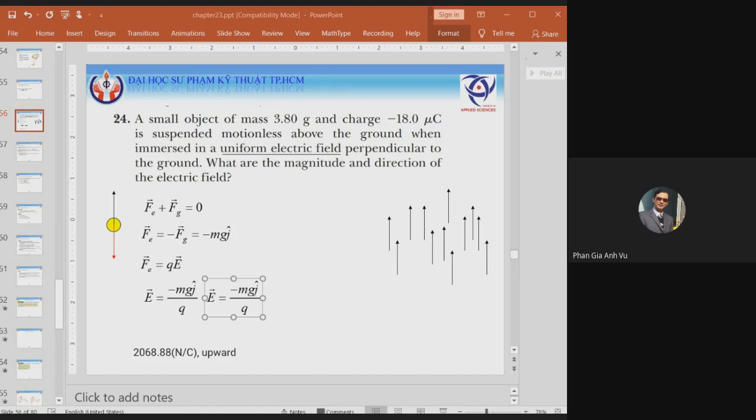Q here is minus 18 micro. So you have to convert coulomb to microcoulomb.